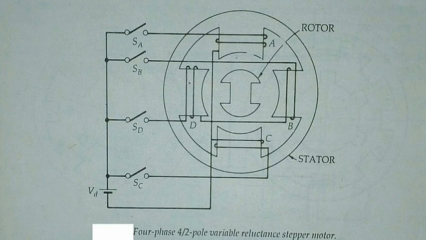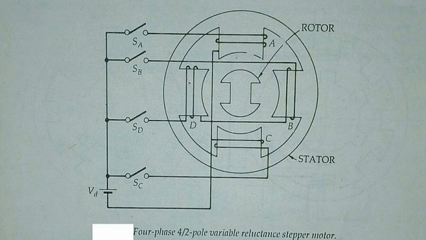Elementary operation of the variable reluctance motor can be explained through the diagram shown here. It is a 4-phase, 4x2 pole, 4 poles in the stator and 2 in rotor, single stack variable reluctance stepper motor. 4 phases A, B, C and D are connected to DC source with the help of semiconductor switches SA, SB, SC and SD respectively, which is shown in figure here.